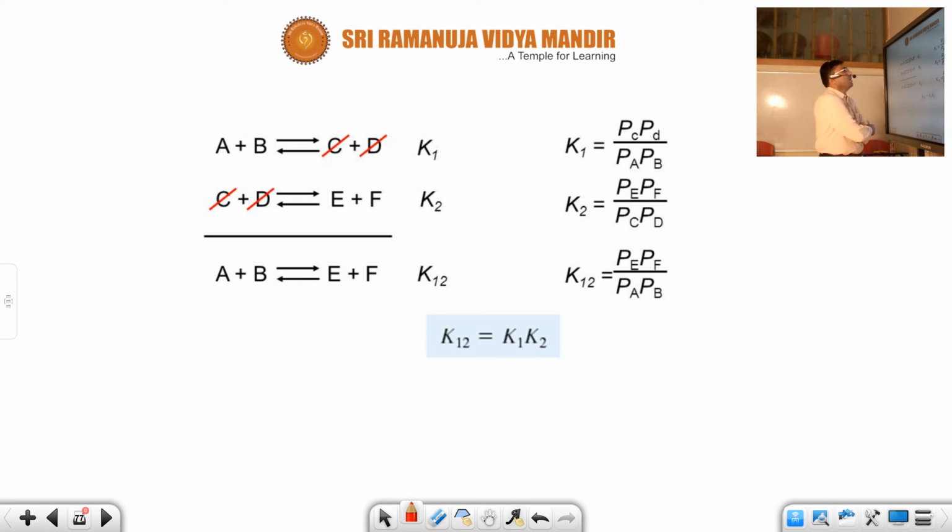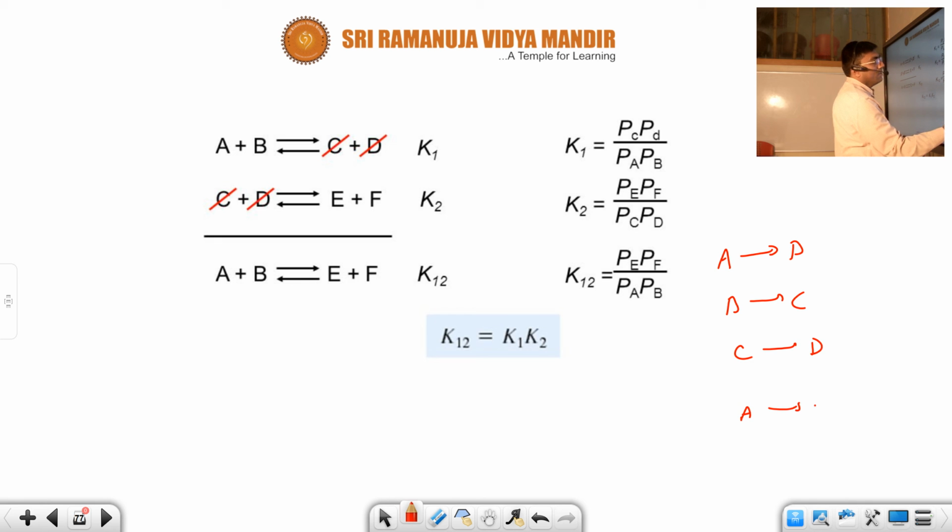Now one more question. So you can see students, A to B, B to C, C to D and A to D. This is K1, this is K2, this is K3. What about this one? This is nothing but K1 into K2 into K3. Same thing.